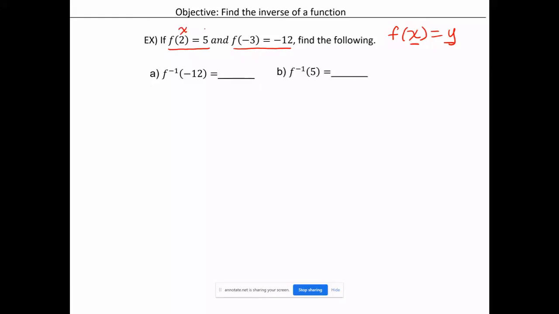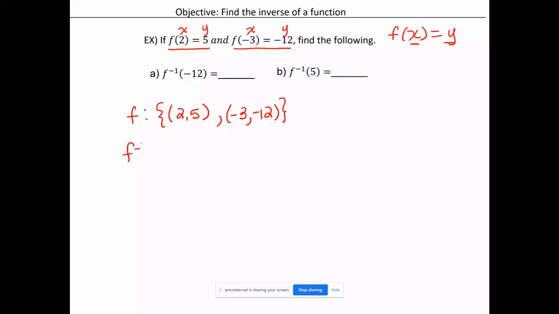So here I can see my x is 2, my y is 5, my x is -3, my y is -12. So for my function f, I have the coordinates 2, 5, and the other coordinate is -3, -12. This is for the function.